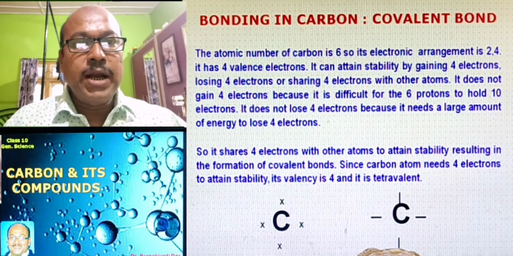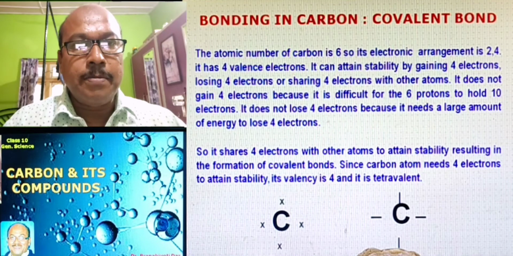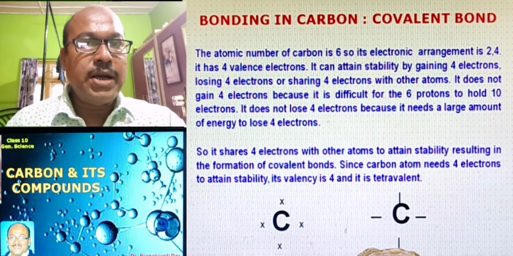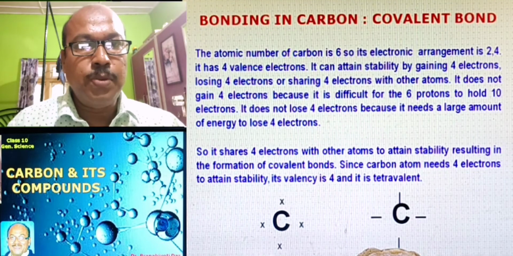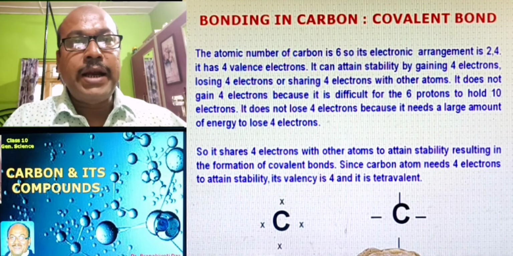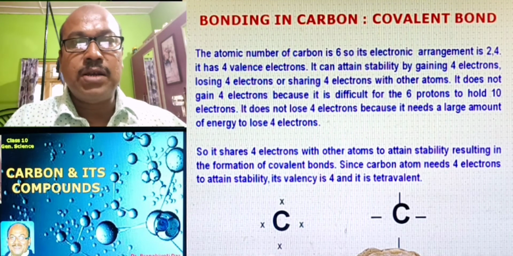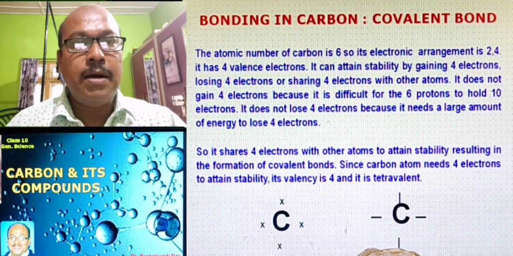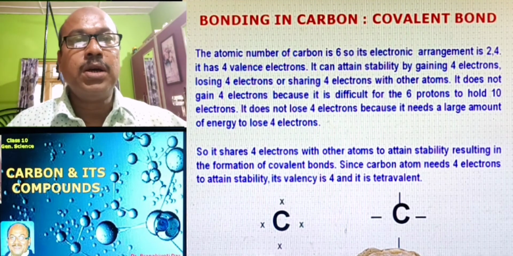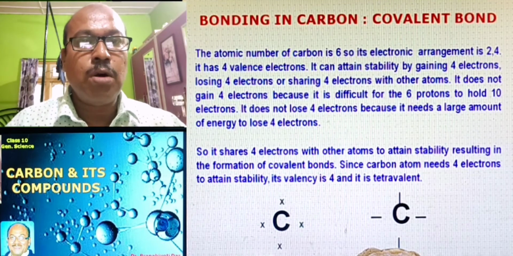If 4 more electrons are acquired from another atom, then in total there will be 10 electrons, because carbon already has 6 electrons and requires 4 more. But the 6 protons present inside the nucleus cannot hold 10 electrons in its orbits.